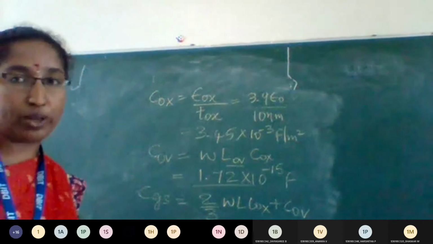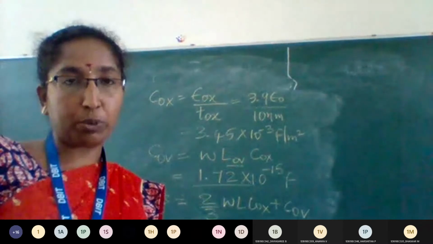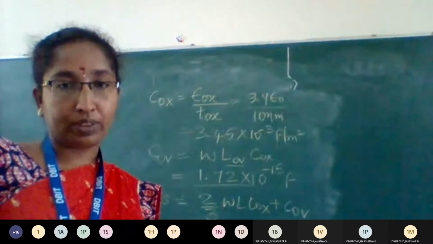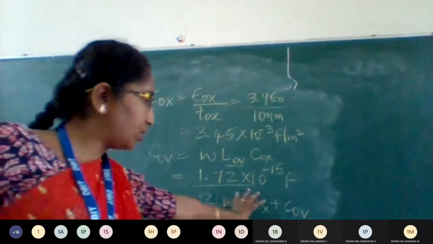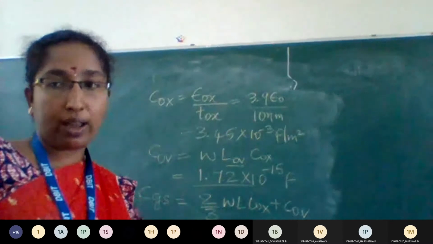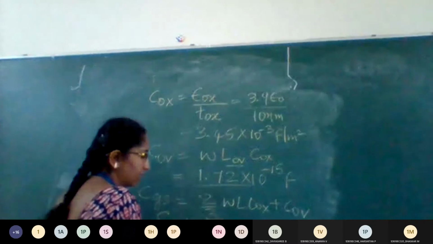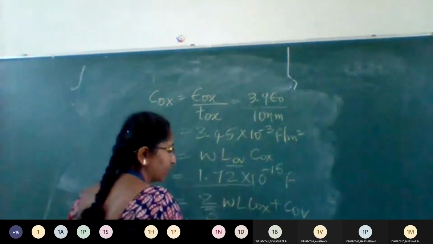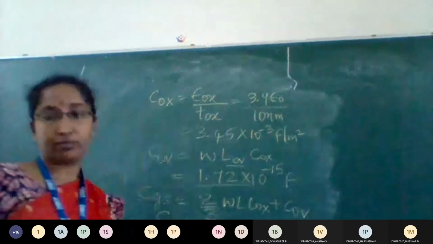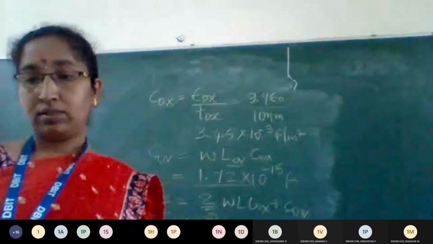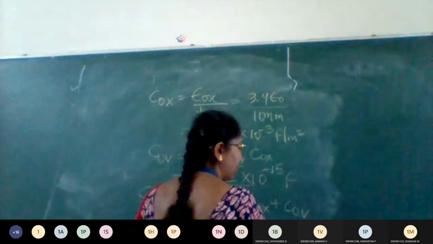Which formula to take for CGS, they specify in your problem: saturation region or triode region. You need to be very careful while reading the problem. In this problem, they specified saturation region. That's why CGS is 2/3 of WLCOX plus overlapping capacitance. Next, CGD is 0 plus COV; since overlapping capacitance is added, it is just COV, which is 1.72 picofarad.